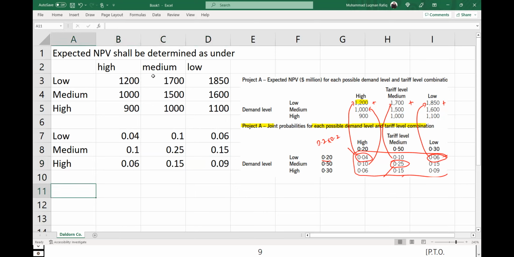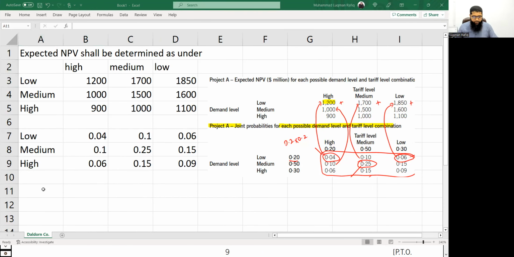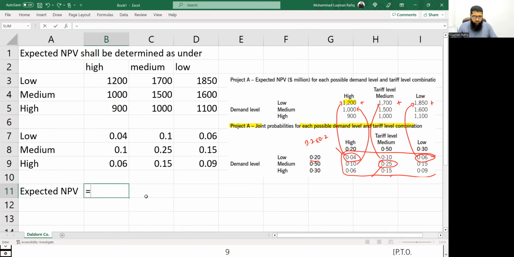Now, what are we going to do? The expected NPV for this is going to be like this, 1200 into this.